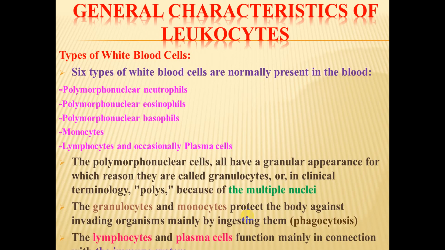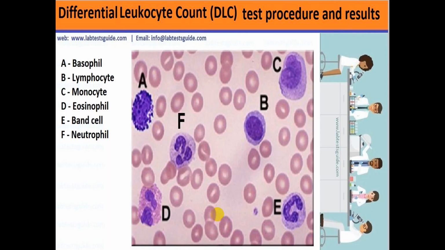Lymphocyte and plasma cell function mainly in connection with the immune system. إذن راح يكون first cell against attack the foreign body هي granulocyte والmonocyte. في حال إنه هي عجزت عن مقاومة الفورين بودي أو destroyed or inactivated، راح يجي دور الاسسمنت اللي هو الليمفوسايت والبلازما سيل. يعني راح يكون بداية الفاجوسايتوسيس، بعدها راح يجي دور الميون سيستم.